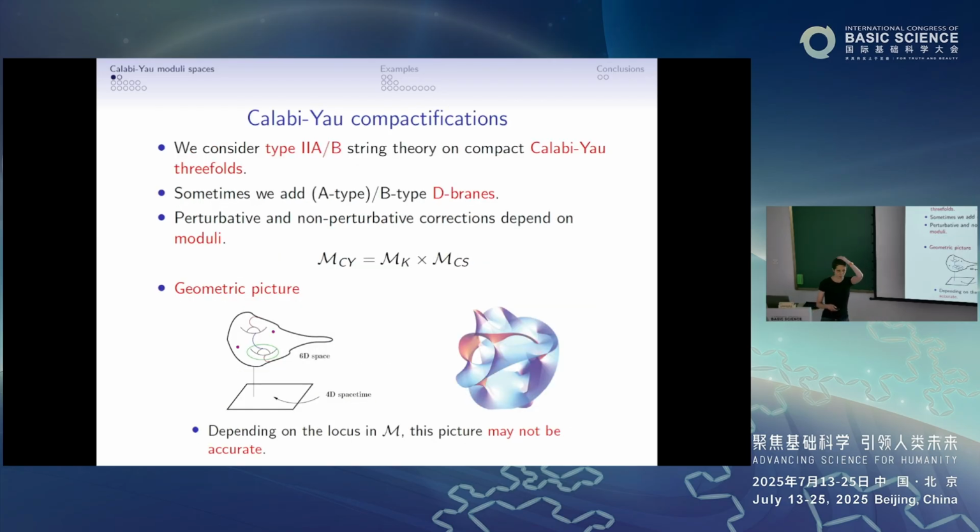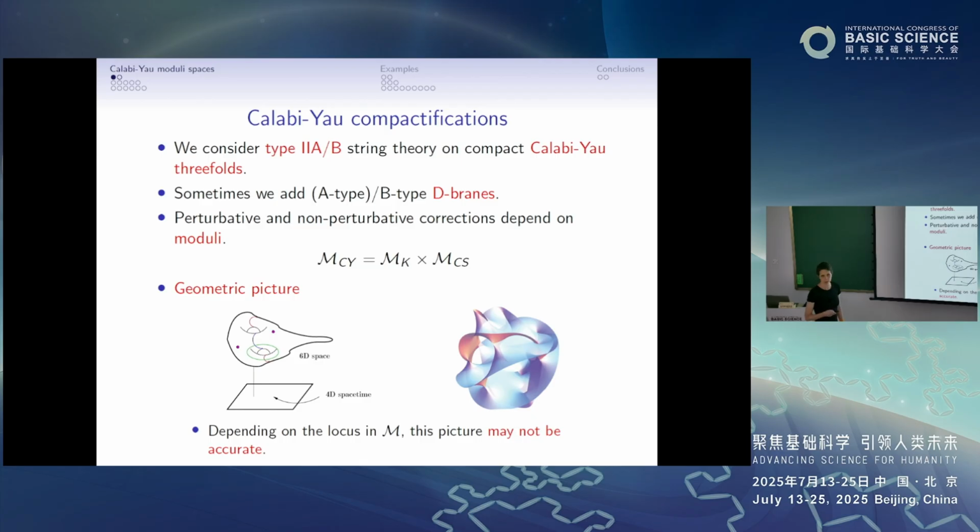So also in the morning, Mauricio talked about the blast from the past and physics of the 90s. So I'm going to discuss a very, very classic topic in string theory. So what we're going to consider is something fairly vanilla in principle, so type 2A or type 2B string theory compactified on some Calabi-Yau threefolds.